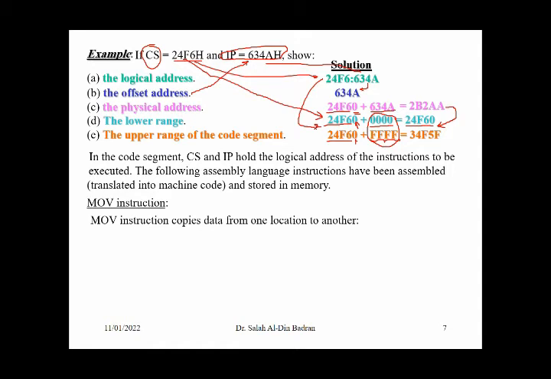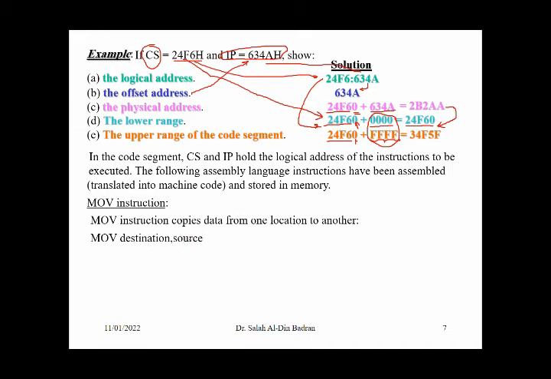In the previous lecture, the MOV instruction copies data from one location to another in the operand. It copies the contents of the source to the destination.